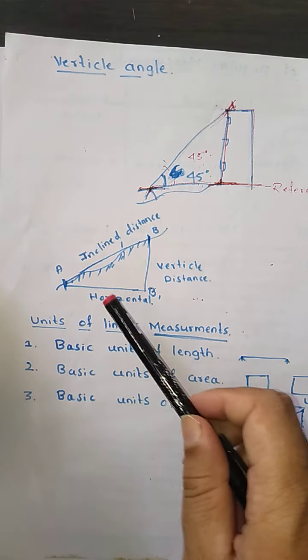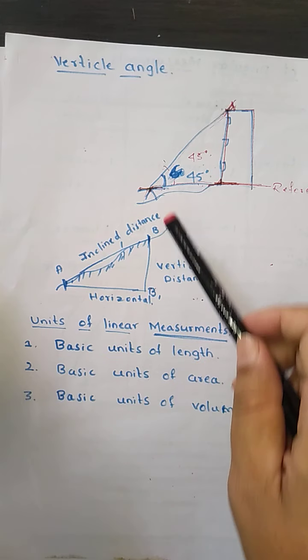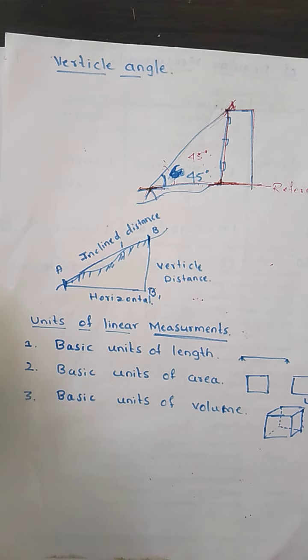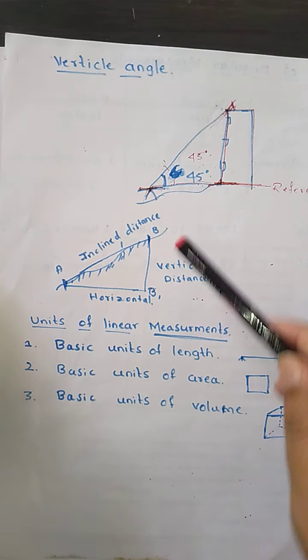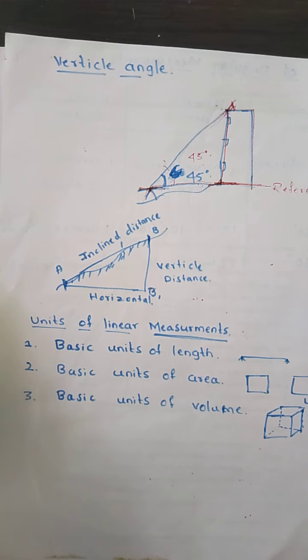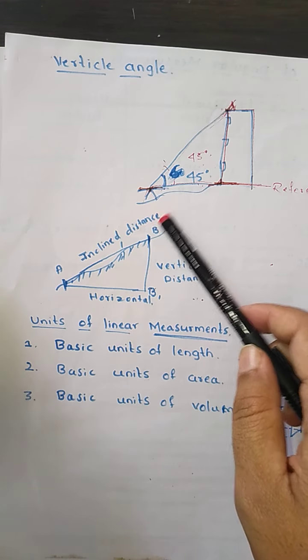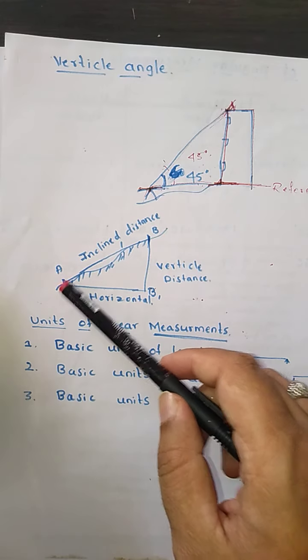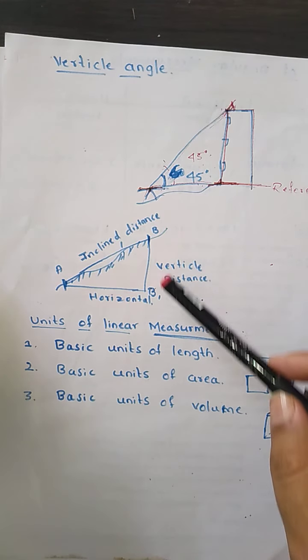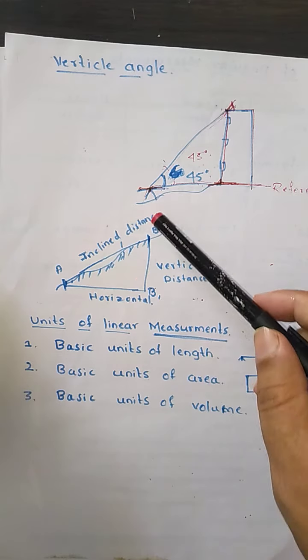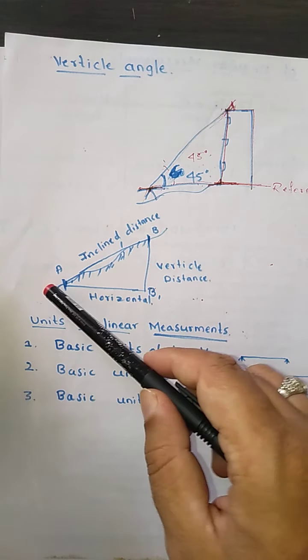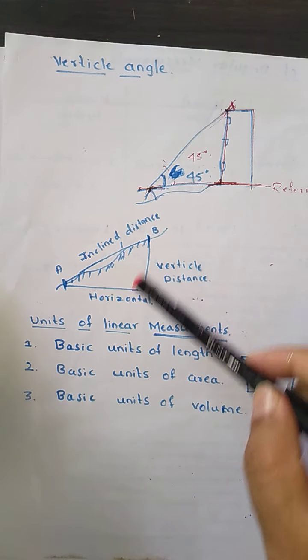AB1 is the horizontal distance, BB1 is the vertical distance, which is nothing but the difference in elevation between A and B. Here point A is there, here point B is there, B is at a much higher point than point A. Now what is the vertical distance between A and B? The vertical distance is BB1.